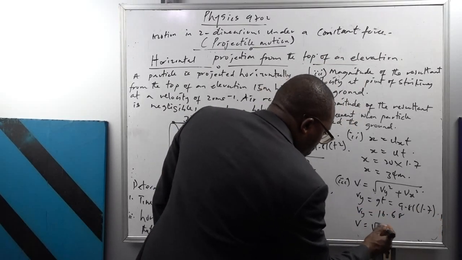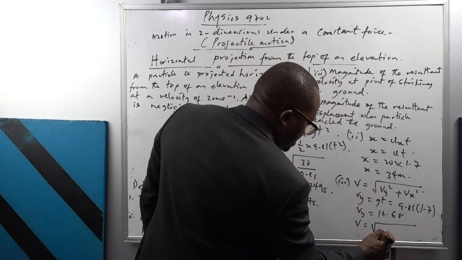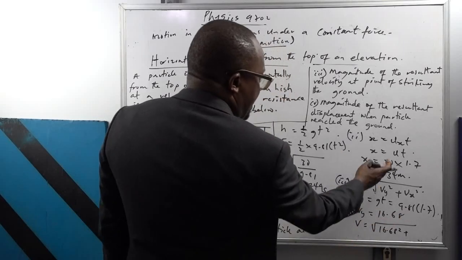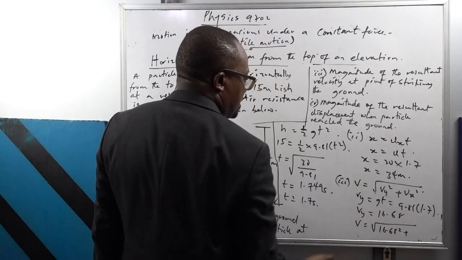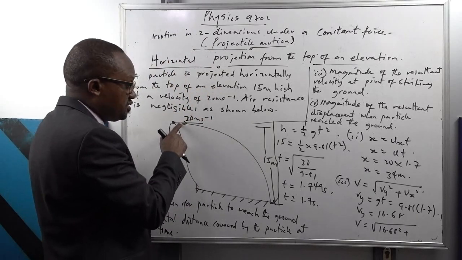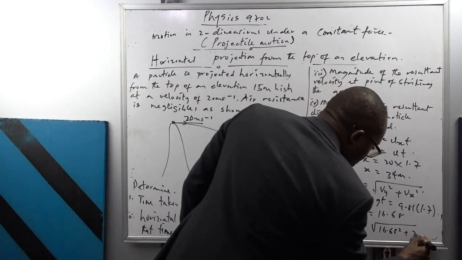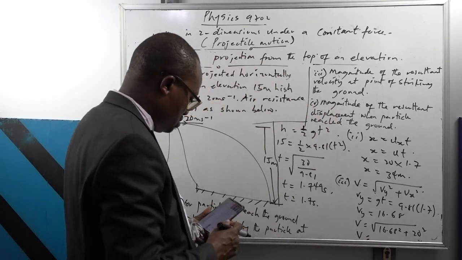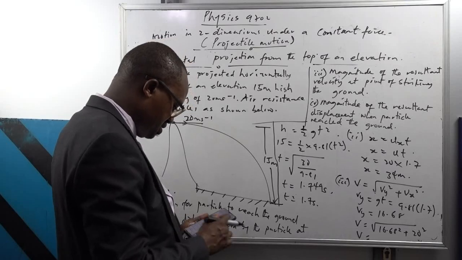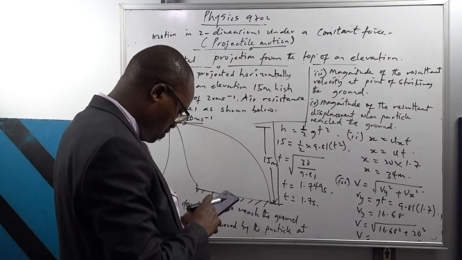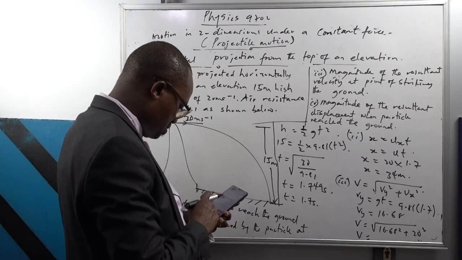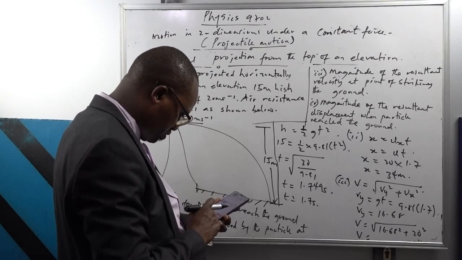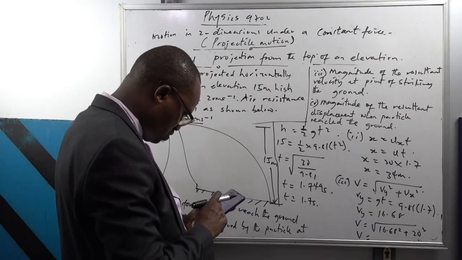So v becomes square root of vy, 16.68 squared, plus vx. vx is ux, which is the same thing as u, because at the point of projection, the velocity is only in one direction. That becomes 20 squared. So v becomes, you use your calculator again quickly, square root of 16.68 squared plus 20 squared.